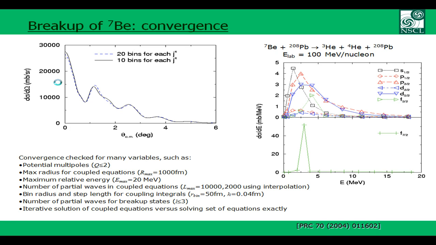Maximum radius for the coupled equations. So remember I told you that the Coulomb is long range and there are Coulomb couplings that are not dying out in this equation. And you can't really integrate this all the way to 9,000 fermis. Well, it's not 9,000, I'm exaggerating, but it is hundreds of fermis.